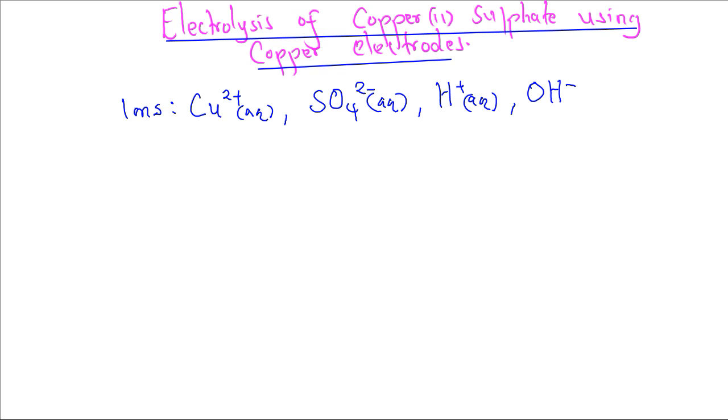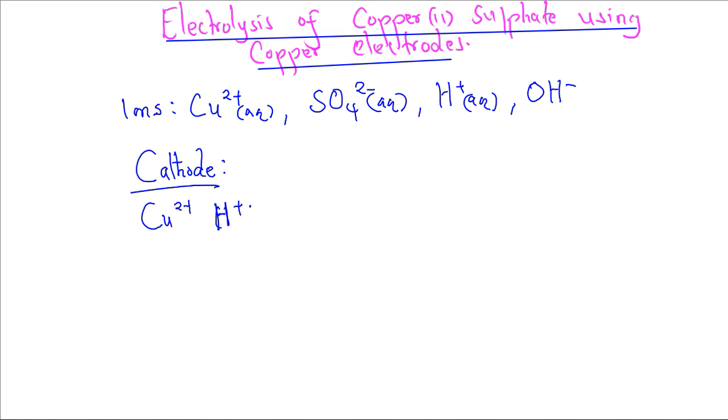At the cathode, we have copper 2 ions and hydrogen ions migrating to the cathode.